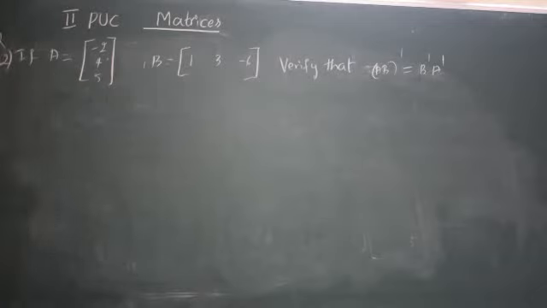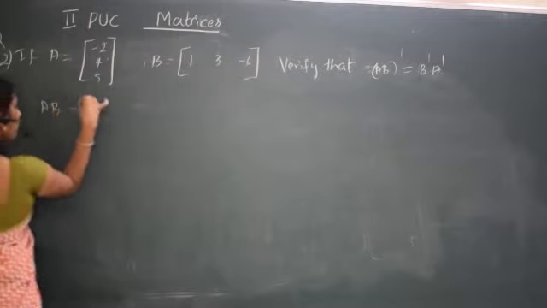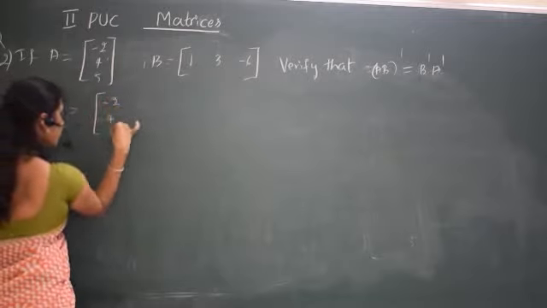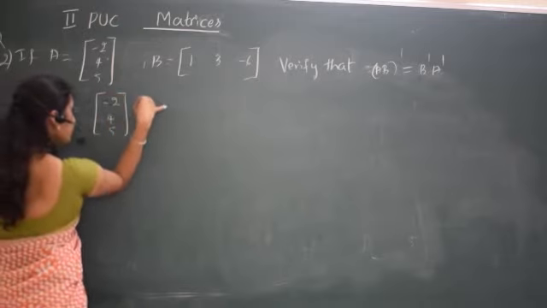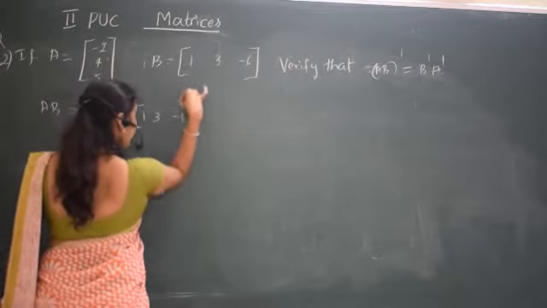So first we have to calculate A into B. A is minus 2, 4, 5, and B is 1, 3, minus 6.